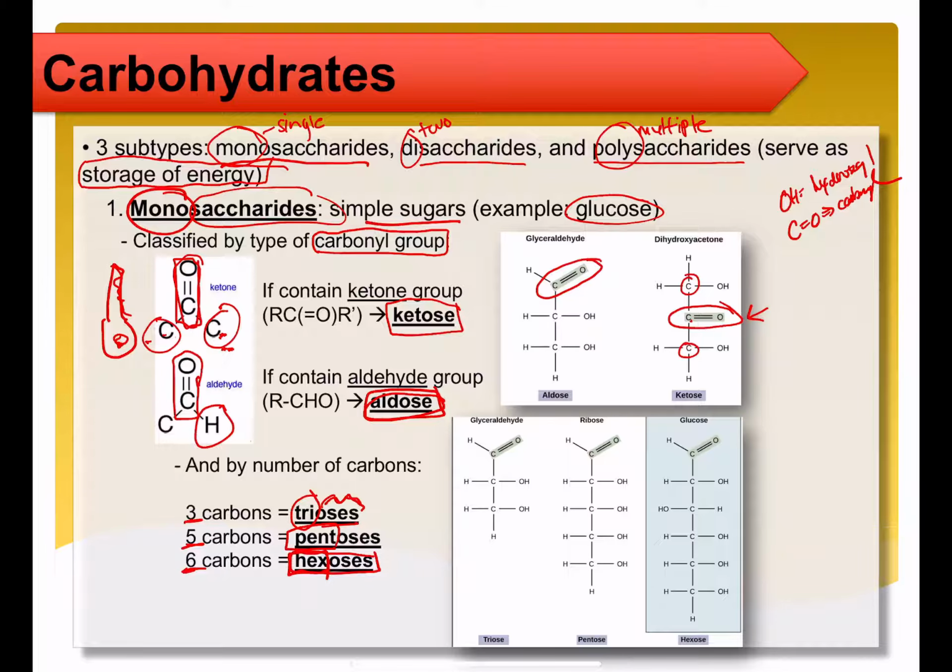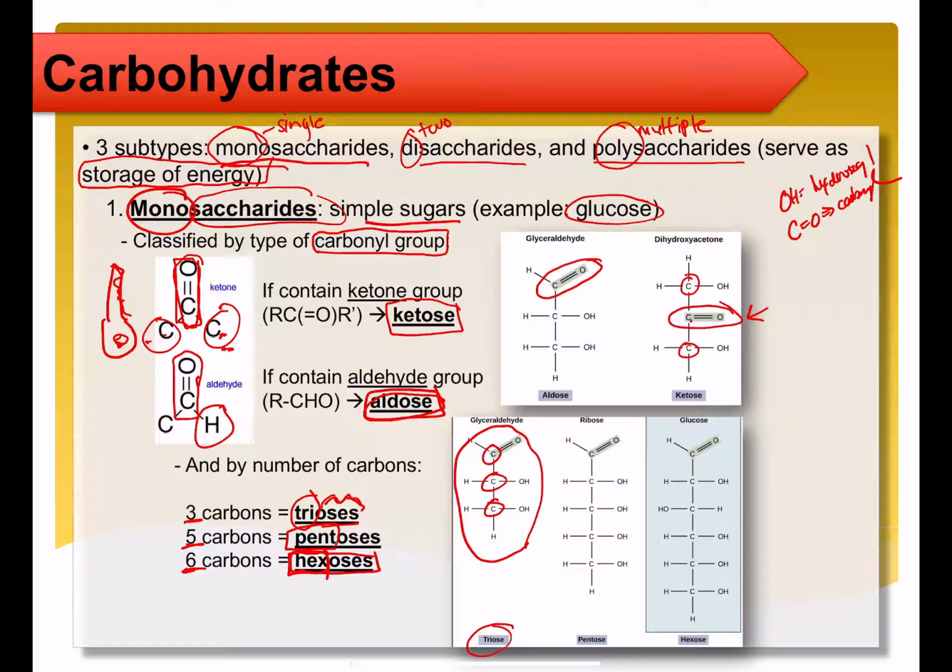This is an example of a triose because you have 1 carbon, 2 carbons, 3 carbons. That's all the carbons in the glyceraldehyde molecule, so it's considered a triose.